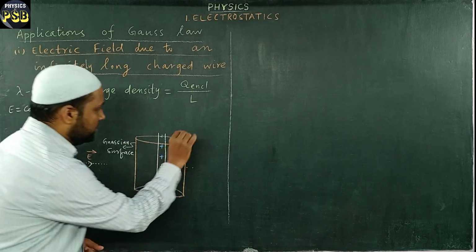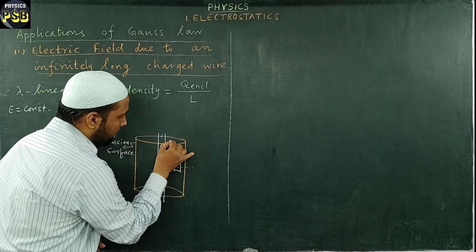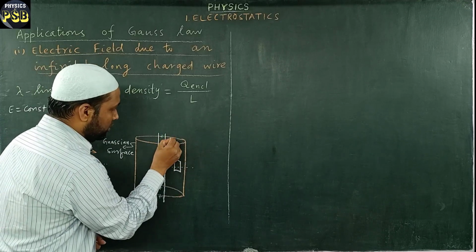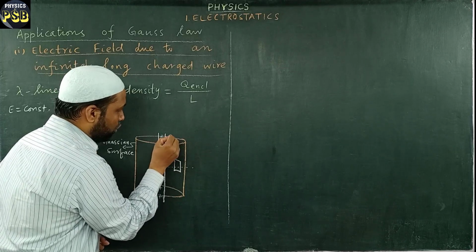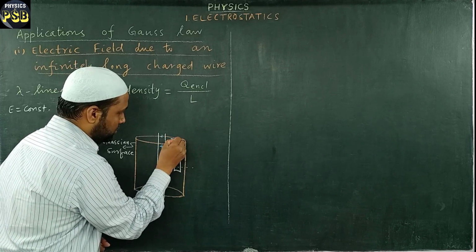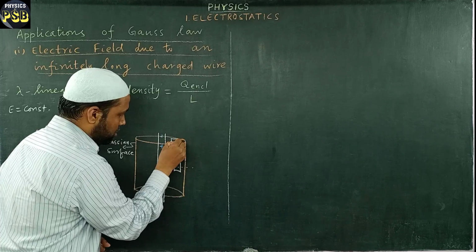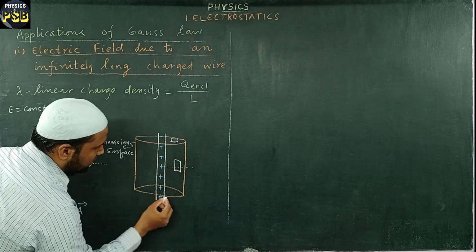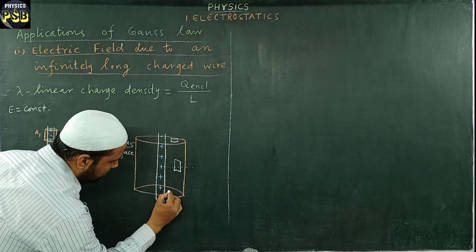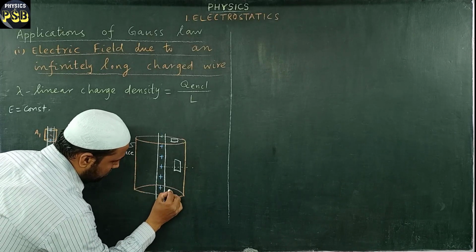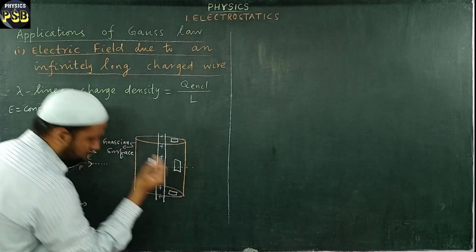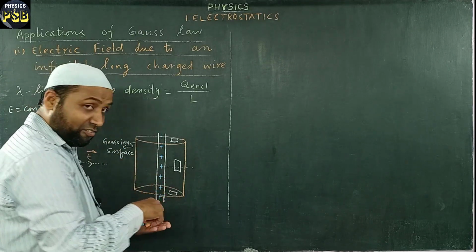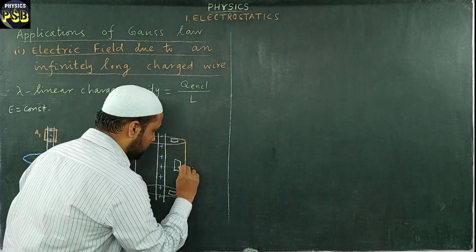Then another area element is taken on the top of this cylinder, and the third one is taken on the bottom. In all these 3 cases, the electric field is projecting outward.